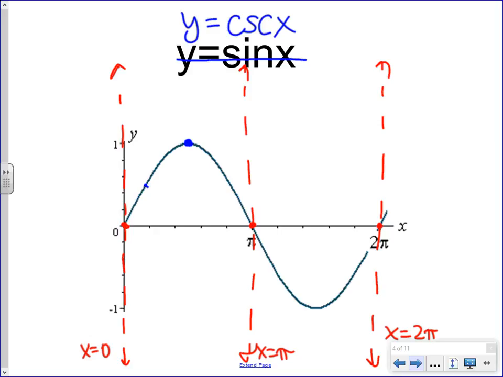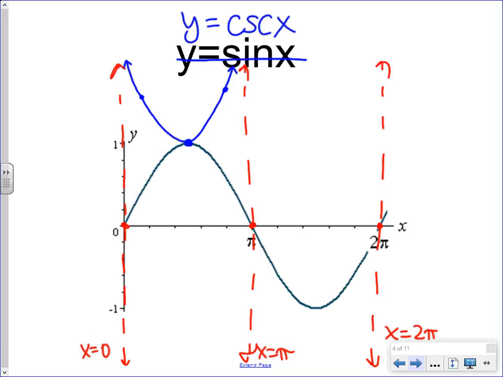What's the reciprocal? Same thing is going to happen over here when we're at 1/2. So what's going to happen is we have this U-shape that shares a point with y equals sine, where sine is 1, but then it's going to open up and approach those asymptotes.